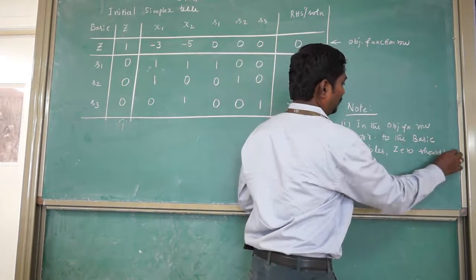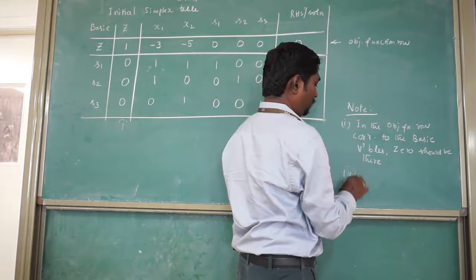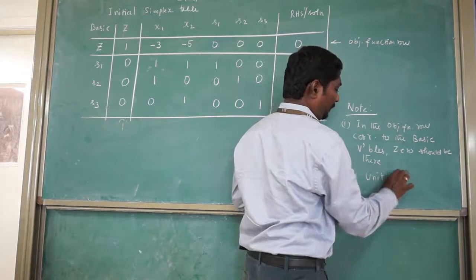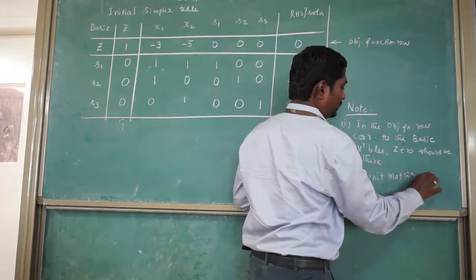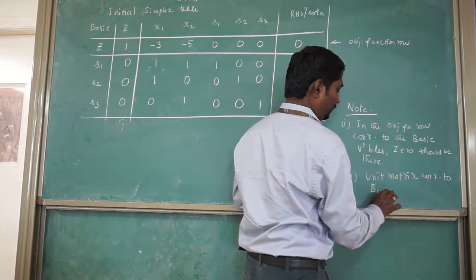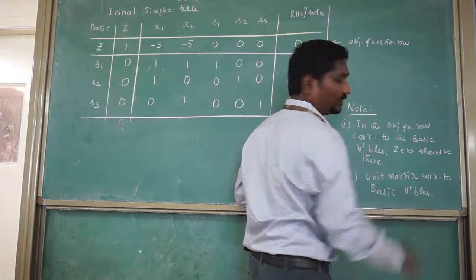This is the first check. And also, corresponding to the basic variables, you should have a unit matrix in the initial simplex table. This is the second check.